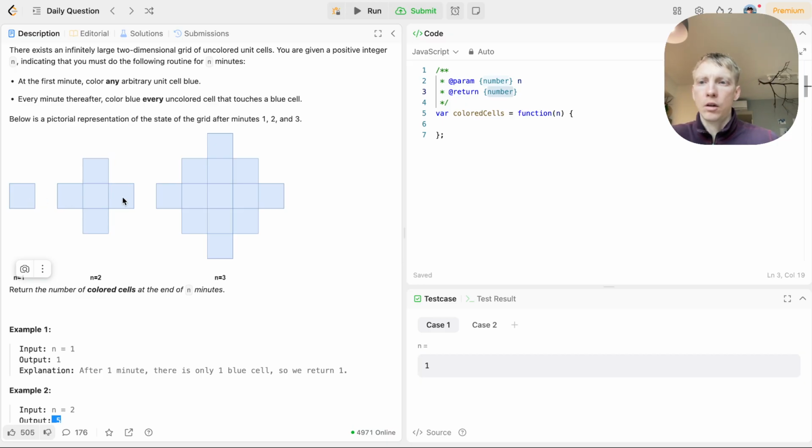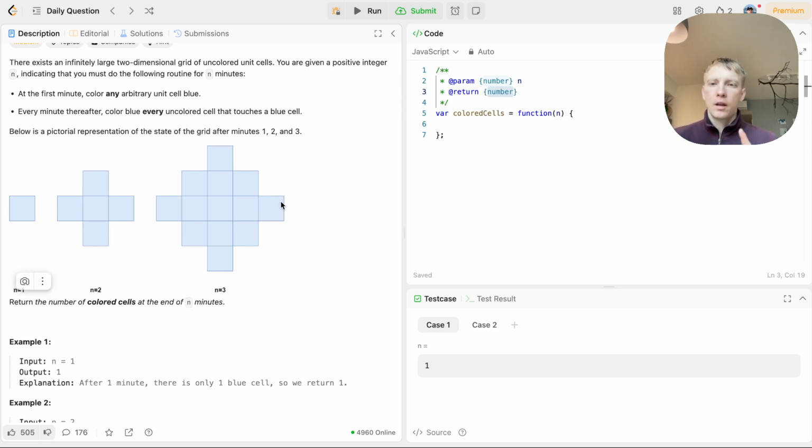Next time we add 4 cells, which is 2 to the power of 2. Third time we're adding 9, which means 3 to the power of 2. Where n would be equal to 4, we should add 4 to the power of 2. I believe this is just as simple as that, but let's try.